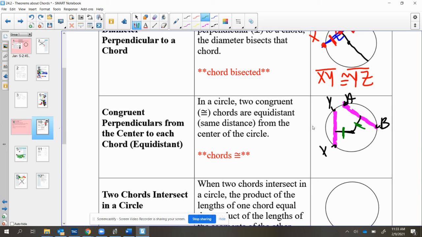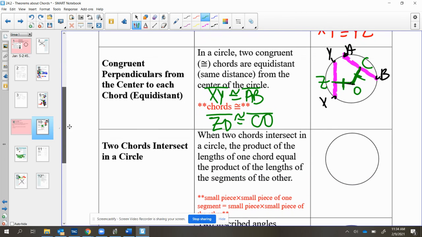Okay, so if XY is congruent to AB, then we also know that these little pieces are also congruent. So let's call this Z and C. We know that then ZO is congruent to CO as well. Okay, this fact will hold true.